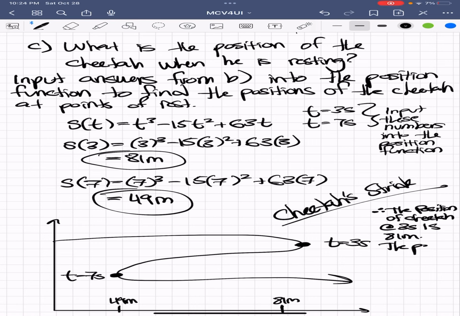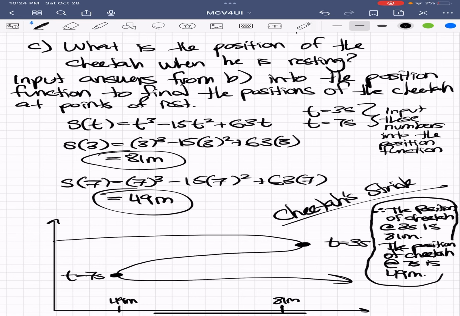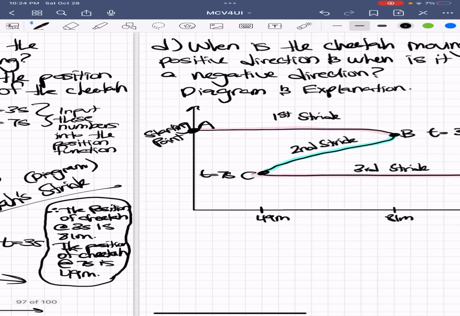And then we have the position of the cheetah at 7 seconds is 49 meters. So that's our therefore statement, and we have cheetah stride, and then we'll do an in brackets diagram with the information that we have.